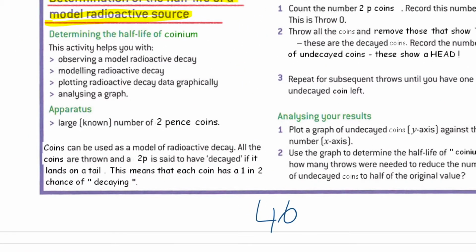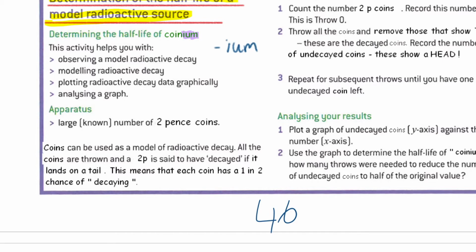Determine the half-life of coinium. There's an element of humour there, because where you have a radioisotope like uranium and iridium and so on, the elements finish with an IUM.